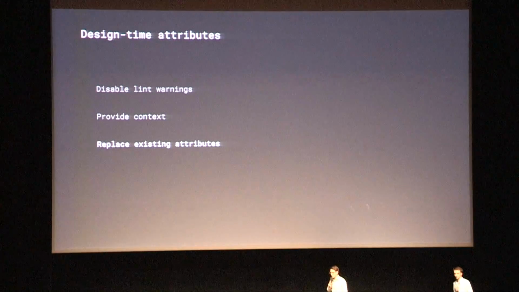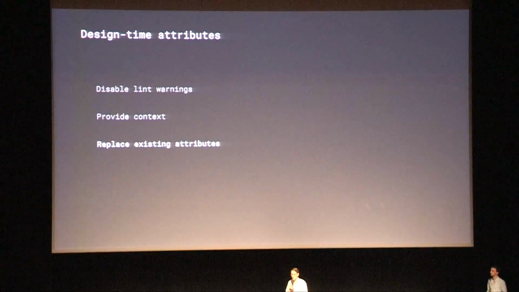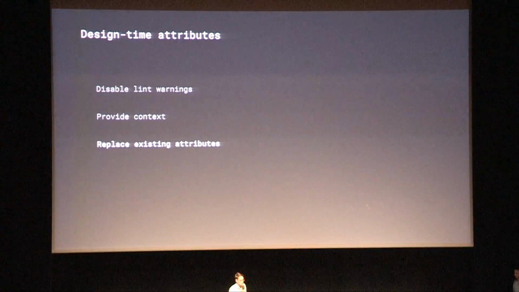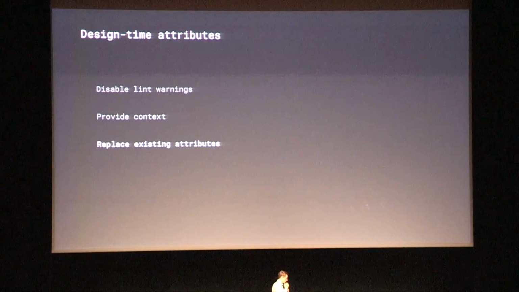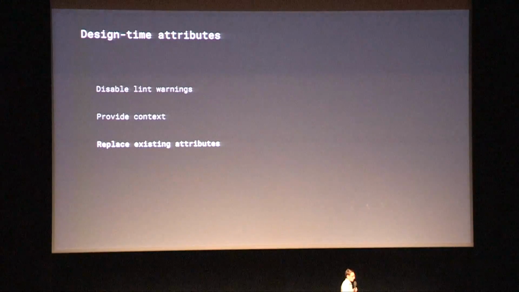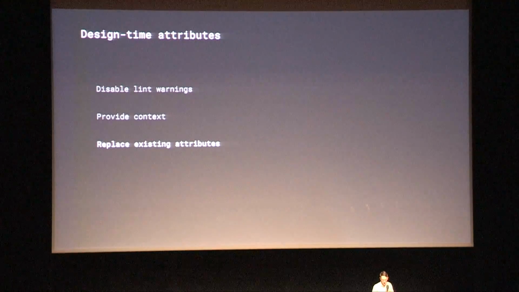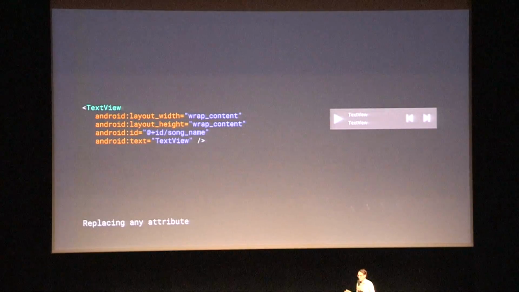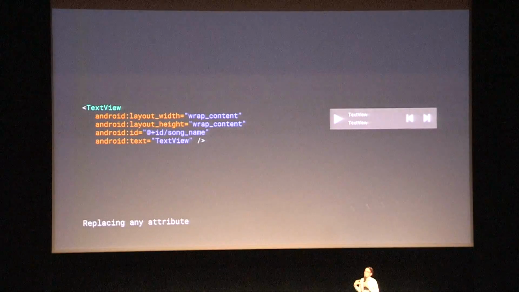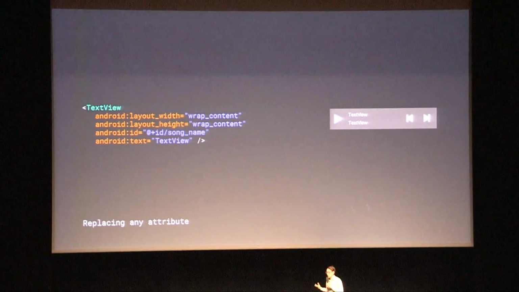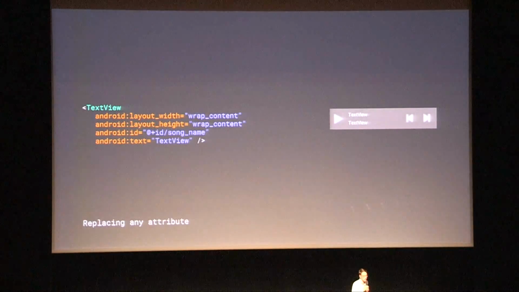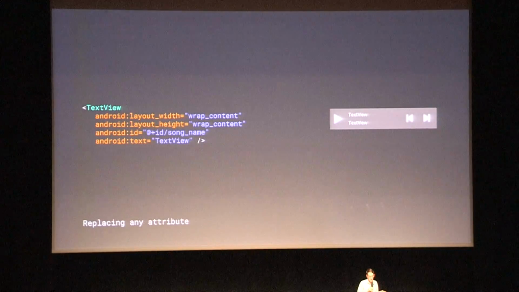So tools attributes can replace any attribute that you might use in your views. You're probably already familiar with the very simple use case of providing some text at design time for a text view that you don't want to appear at runtime, maybe because your text view will set its text dynamically, and you just want to see how some text would look in your layout without hard coding it in your app.